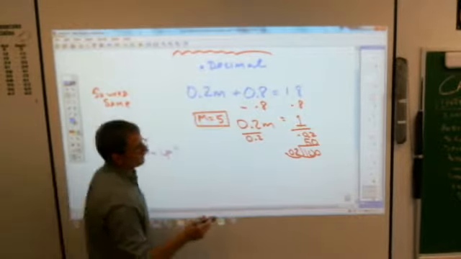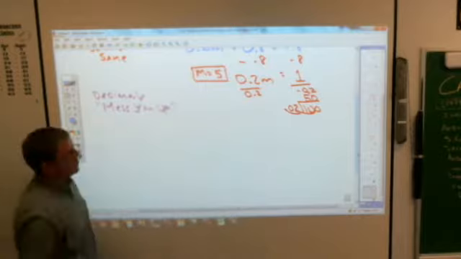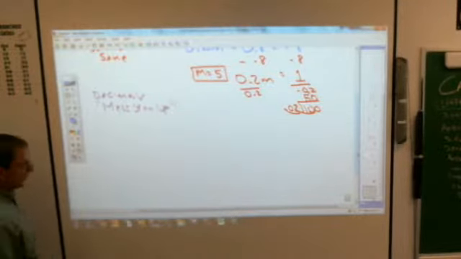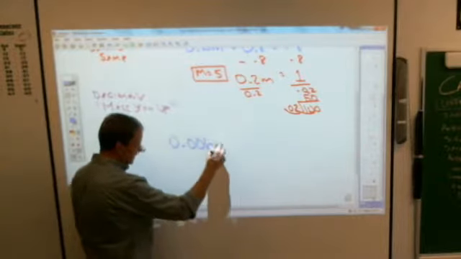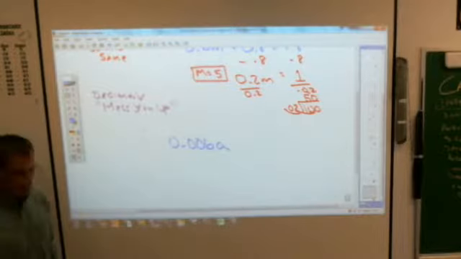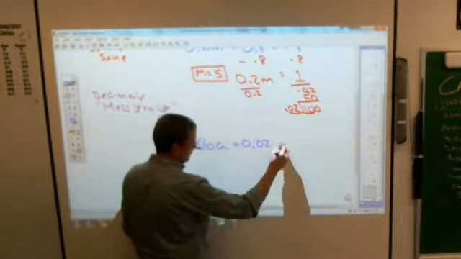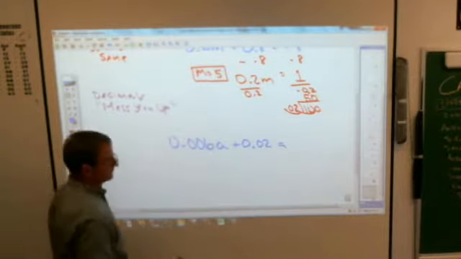One more. And then maybe we can set ourselves free. Again, trying to prove a valuable point that we may not get to. I want you to do this one. Hopefully I'll find it. 0.006a plus 0.02 equals 0.2.